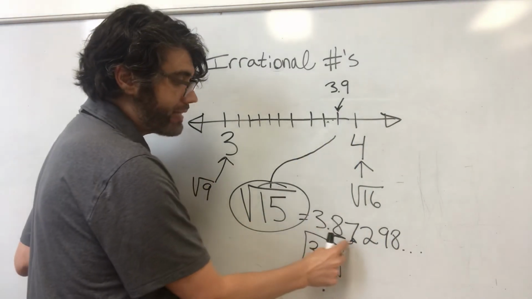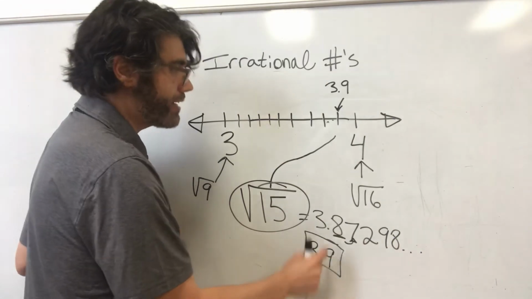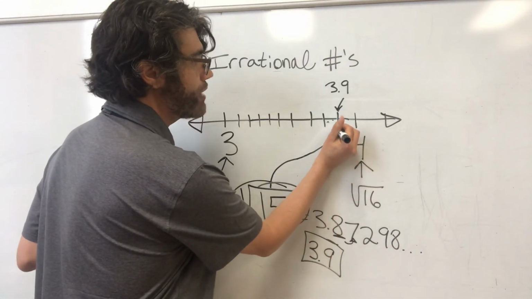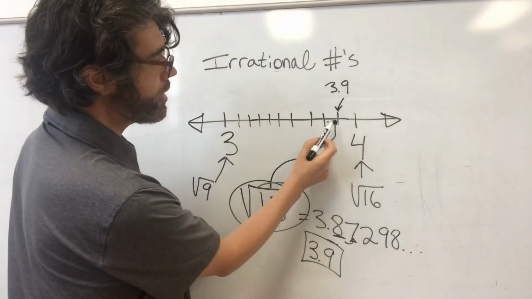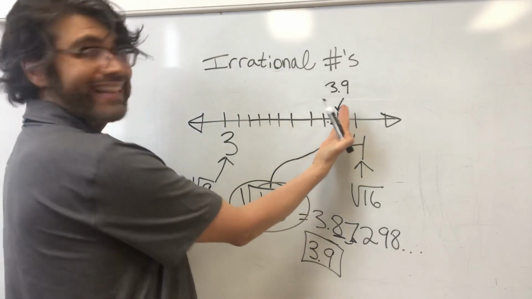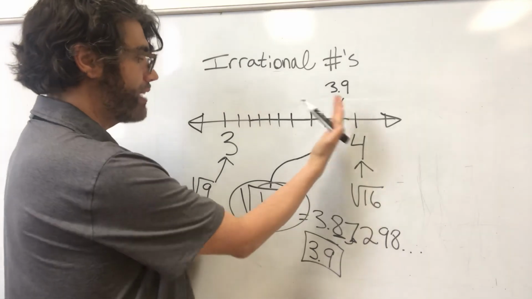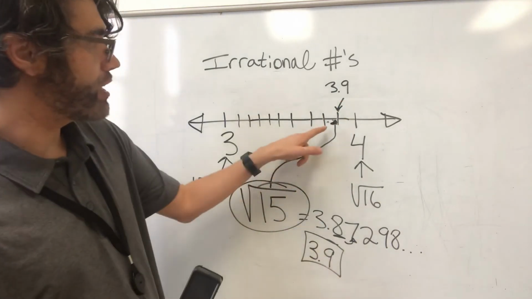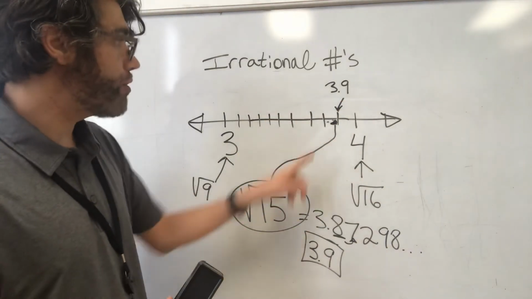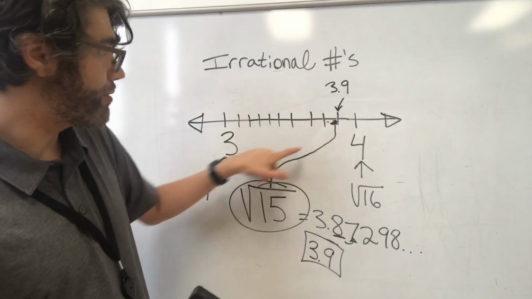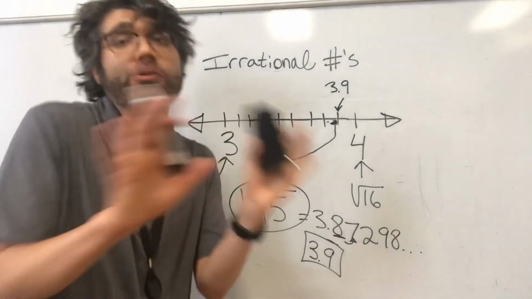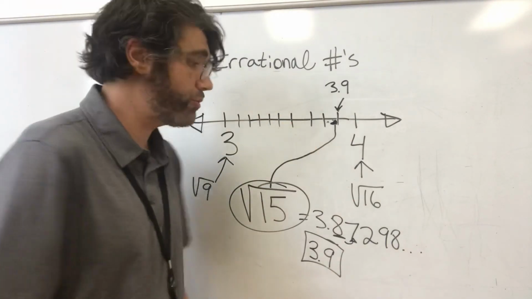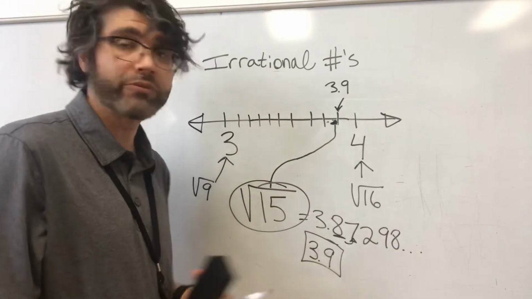Since 3.87 is just shy of 3.9, I'm going to get very close to this hash mark, but I'm going to put my arrow on the left-hand side, because it's going to be just shy of 3.9. So this arrow right here is even more precise, but it's still not 100% precise. It's the best we can do with an irrational number like the square root of 15.